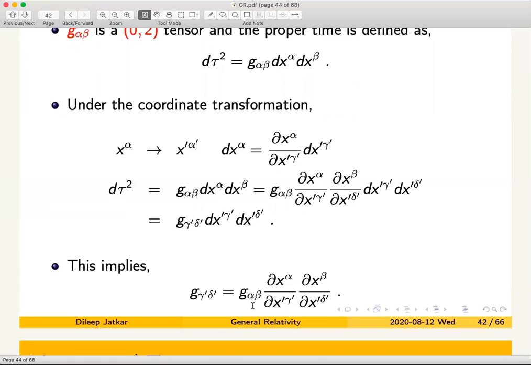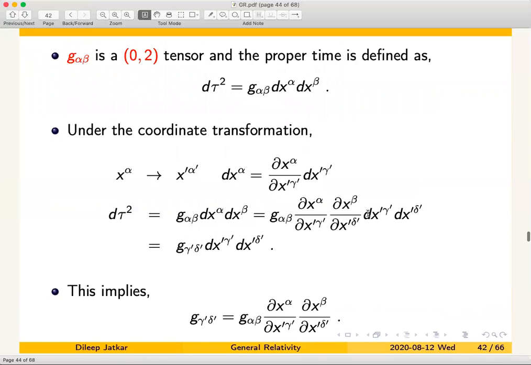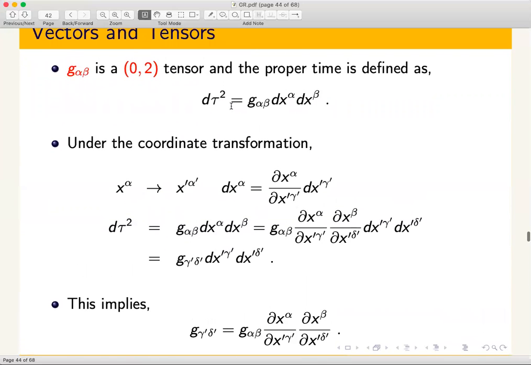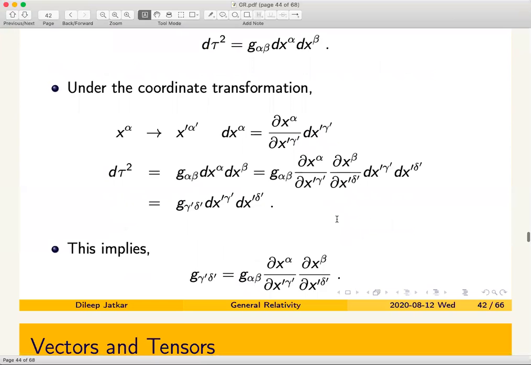So this is how the new metric would look. But this is precisely the transformation of a (0,2) tensor, right? And in that sense, we know that g_αβ transforms as a (0,2) tensor under a coordinate transformation. We can see that explicitly.